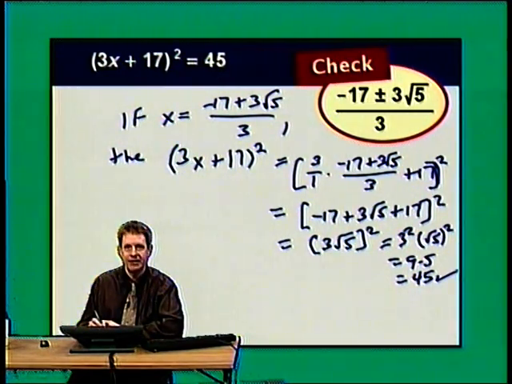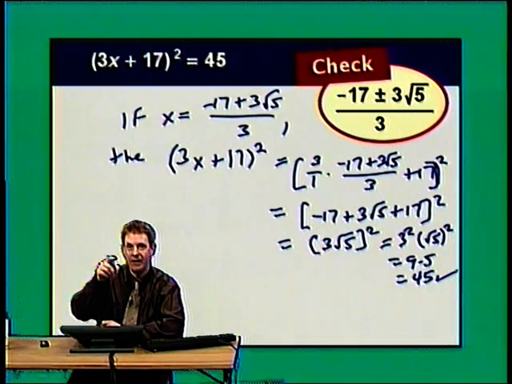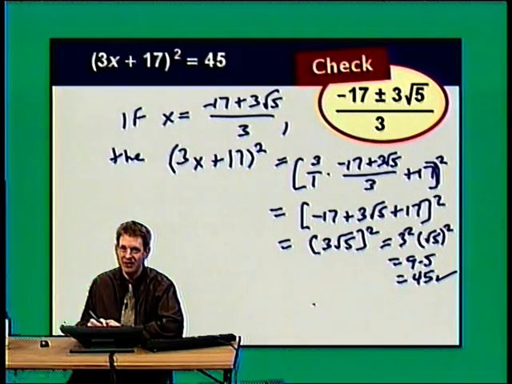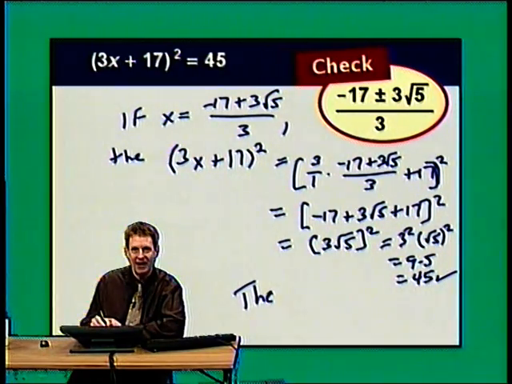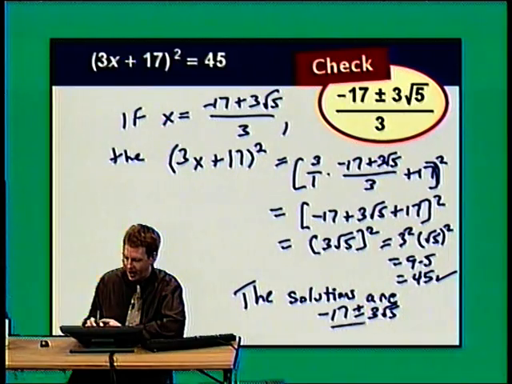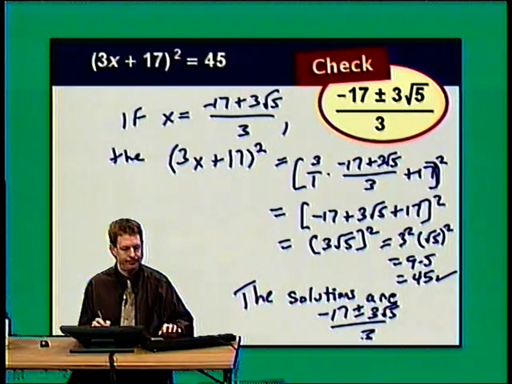So this checks. I'm leaving it to you to check the other solution. When you verify that the other solution does check, don't forget to write down your conclusion, that the solutions are negative 17 plus or minus 3 square root of 5 all over 3.